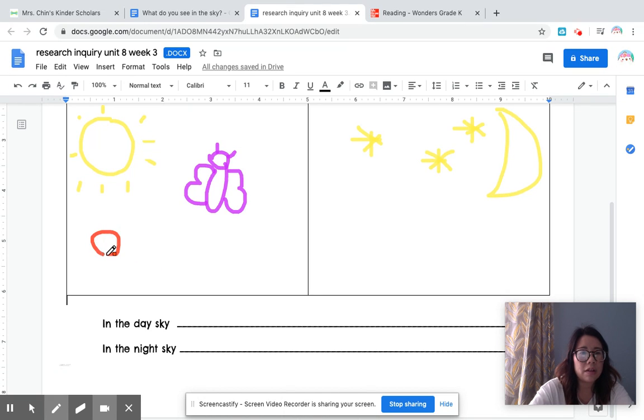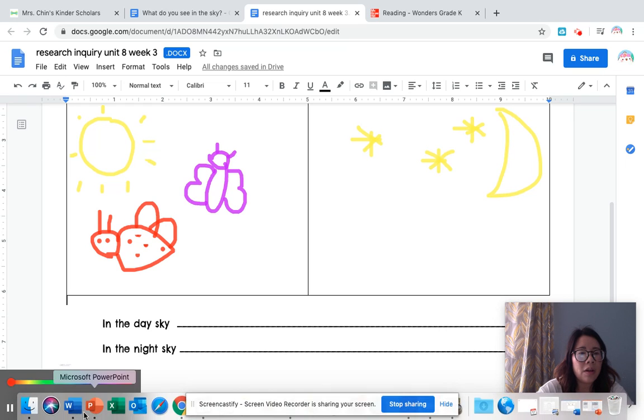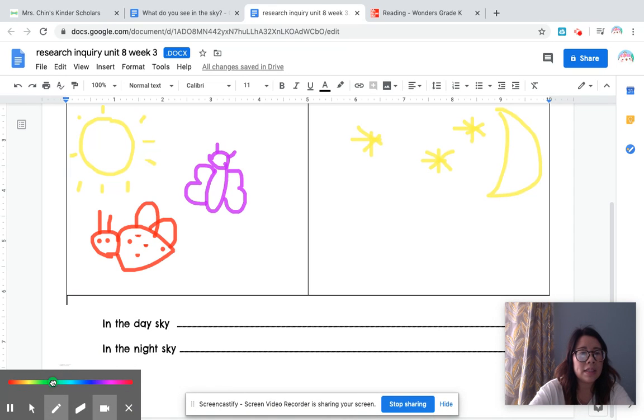So I'm going to draw a little ladybug over here. Add some spots. And for our day sky, okay?